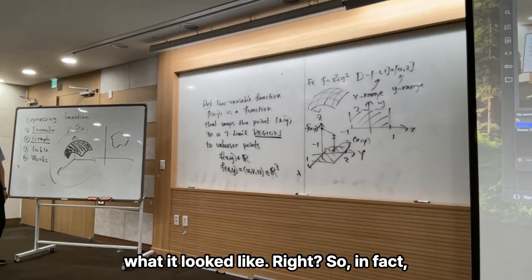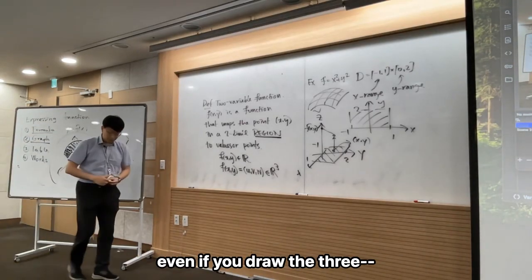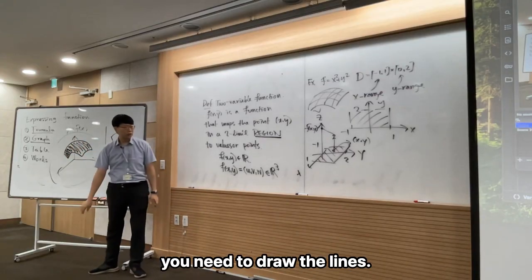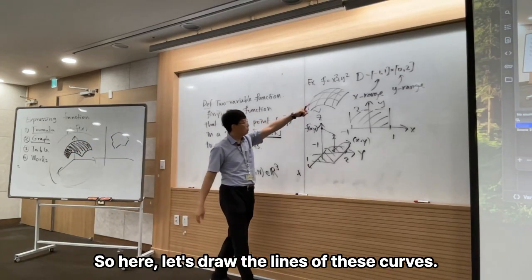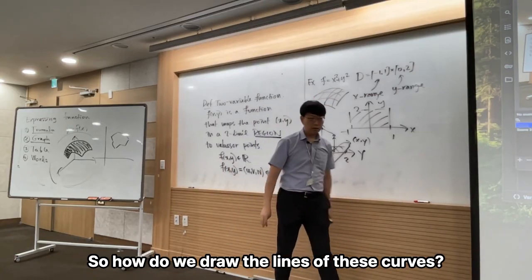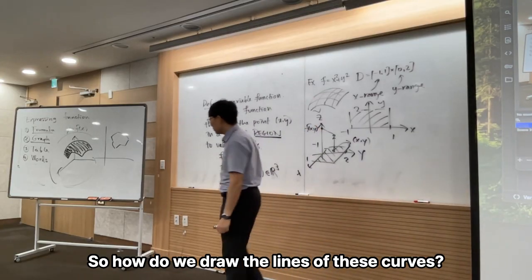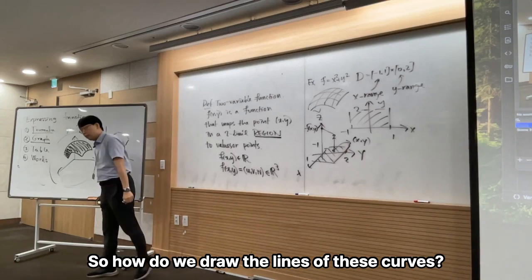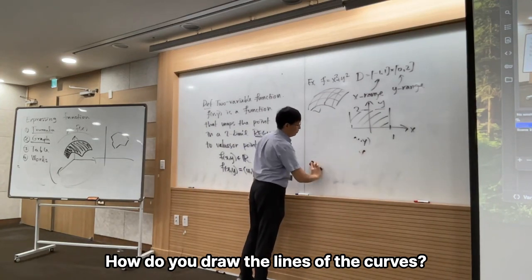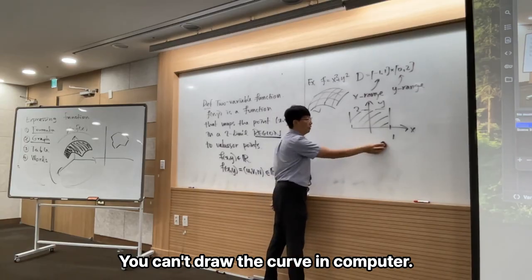So in fact, even if you draw the 2-dimensional thing in 3 dimensions, you need to draw the lines. So here, let's draw the lines of these curves. So how do we draw the lines of these curves? How do you draw the lines of the curves? You can't draw the curve in computer.